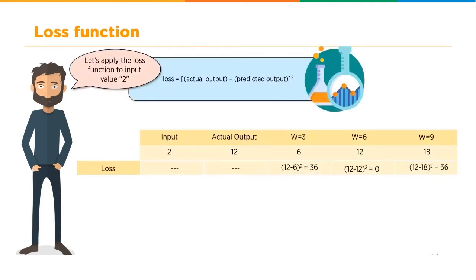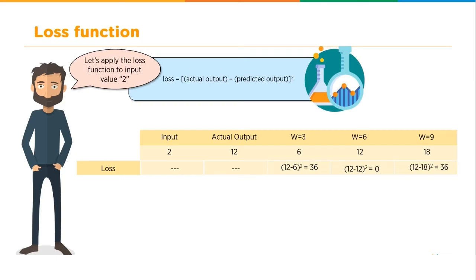The loss function is a measure of error, which defines the precision loss by comparing the predicted output to the actual output, and is simply loss equals actual output minus predicted output, and then we square the whole thing. So let's apply the loss function to the input value 2, with an actual output of 12.